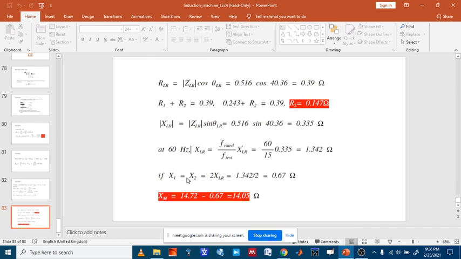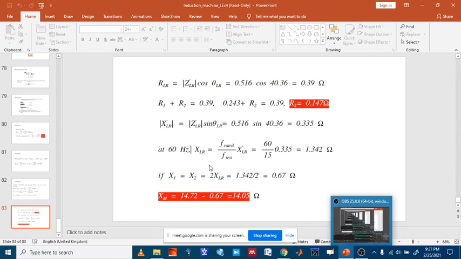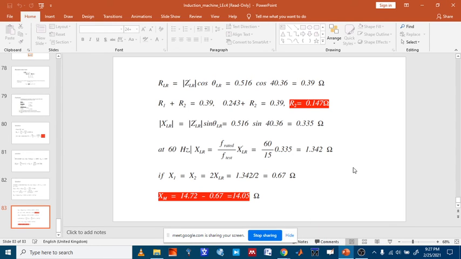We know that XLR is equal to X1 plus X2.